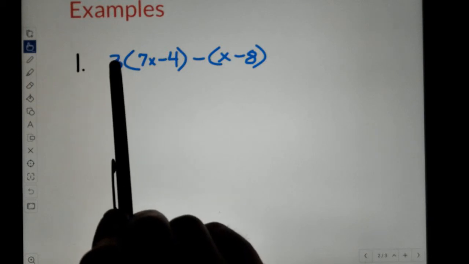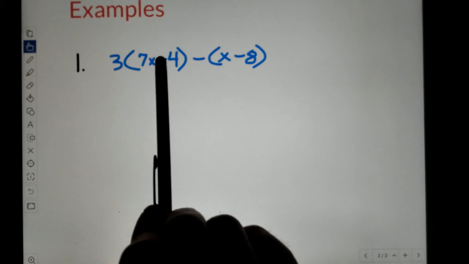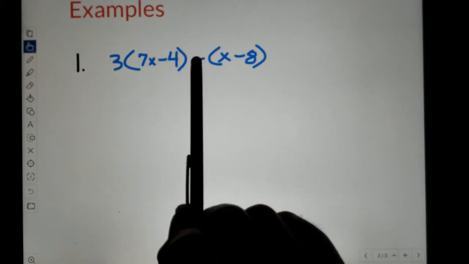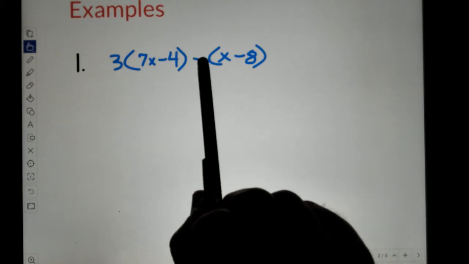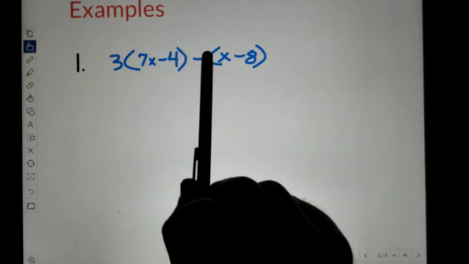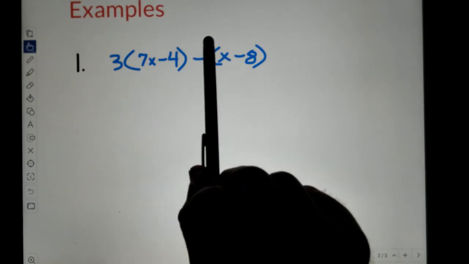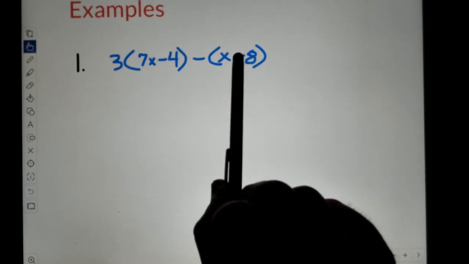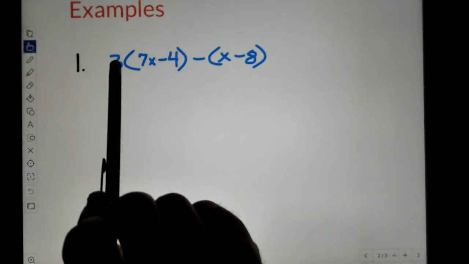We have this 3 outside of the parentheses here, so we have to distribute the 3 to the 7x and to the negative 4. This minus sign can also be considered as distributive property because it's like a negative 1 that we have to distribute to the x, and then a negative 1 that we have to distribute to the negative 8. So let's start with this 3.